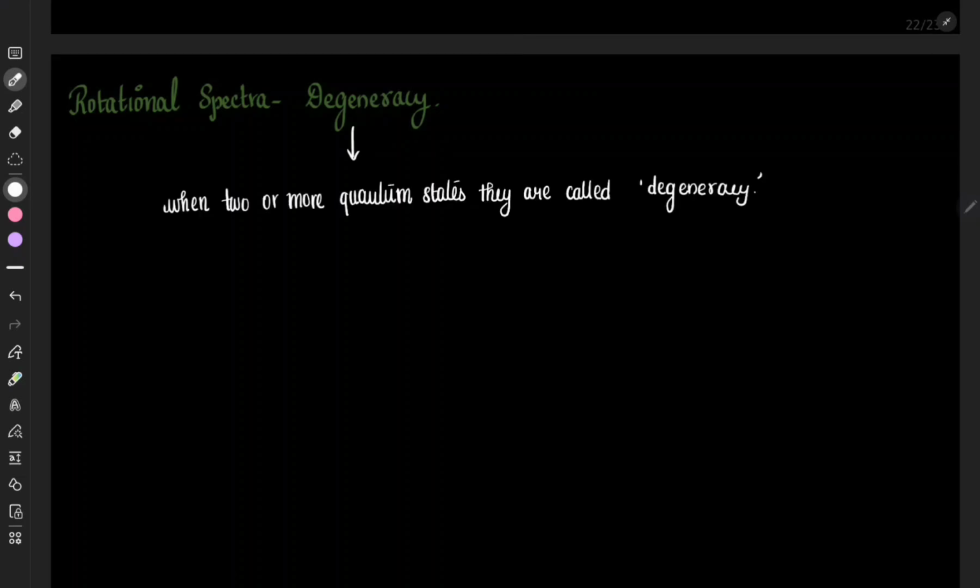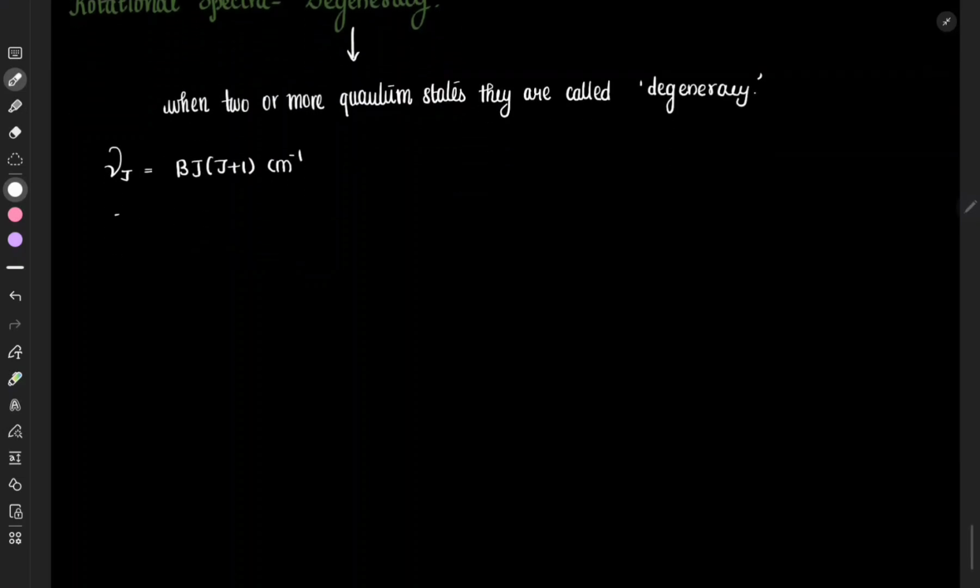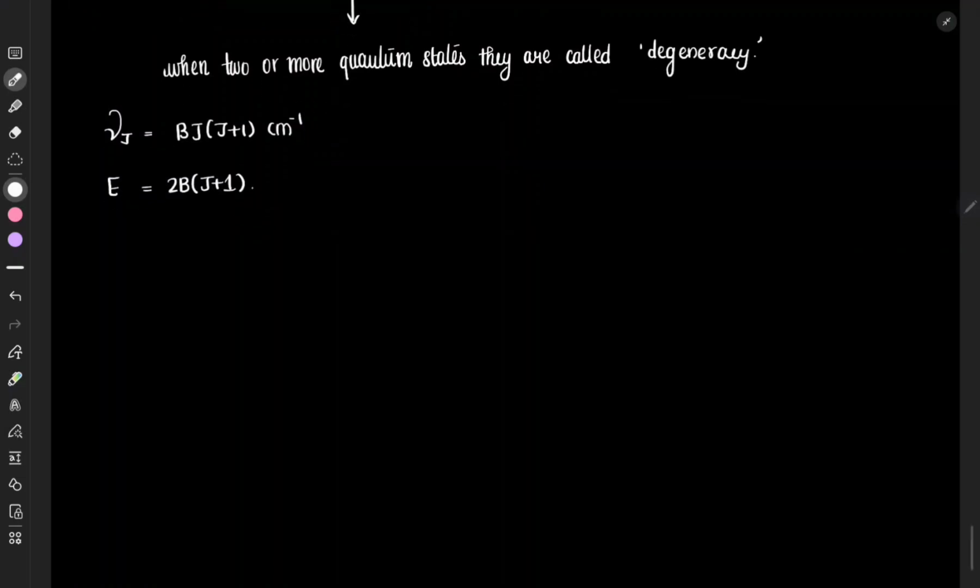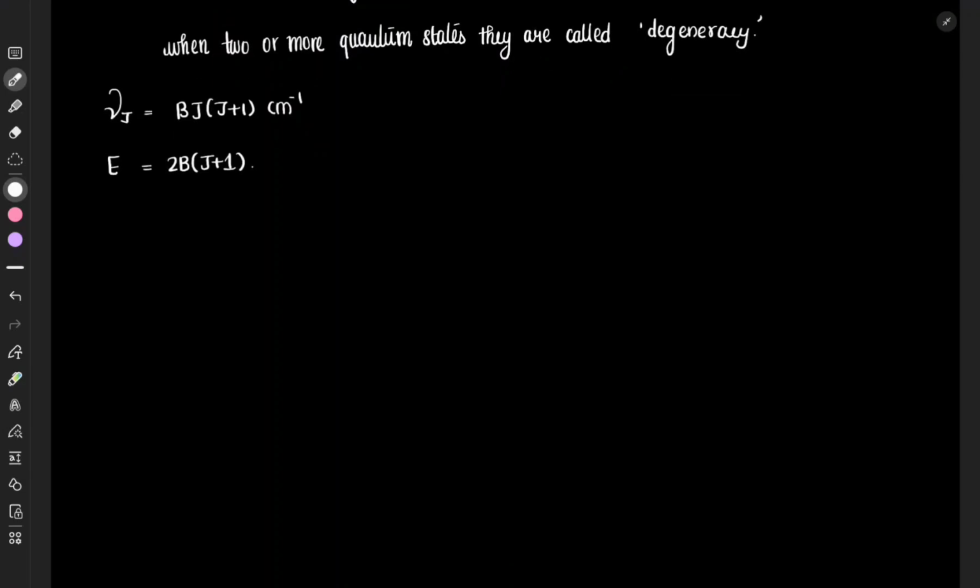In the last lecture we found the value of nu j, which is nothing but B into j plus 1 centimeter inverse, and the energy of the lines is 2B into j plus 1. The intensity of the lines depends upon the population, and the population is explained by the Maxwell-Boltzmann distribution.